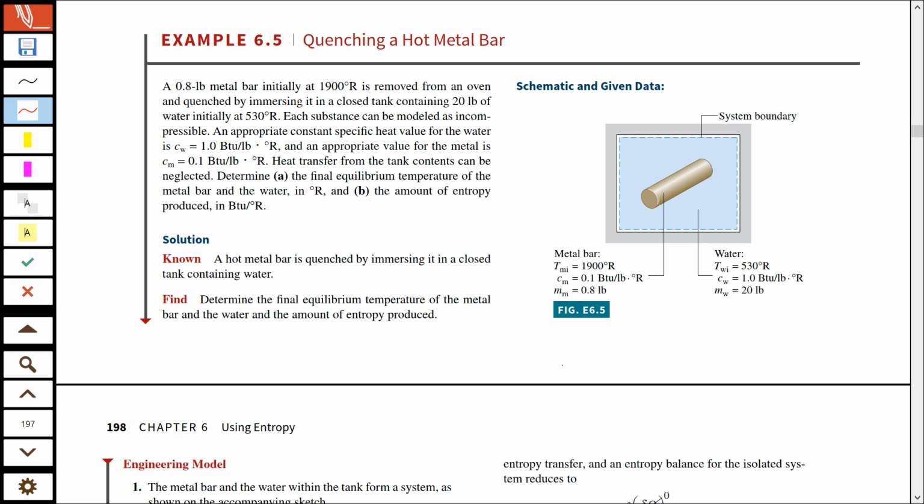So in this example, we have a tank. You see the tank here? This is the tank. And this is insulated. You just assume that it has been insulated from the surrounding. So you can think of this as an isolated system.